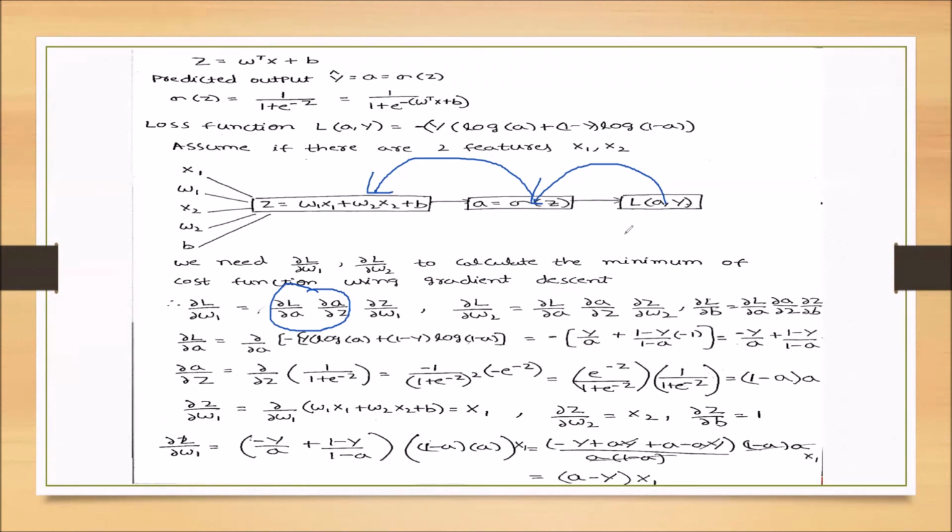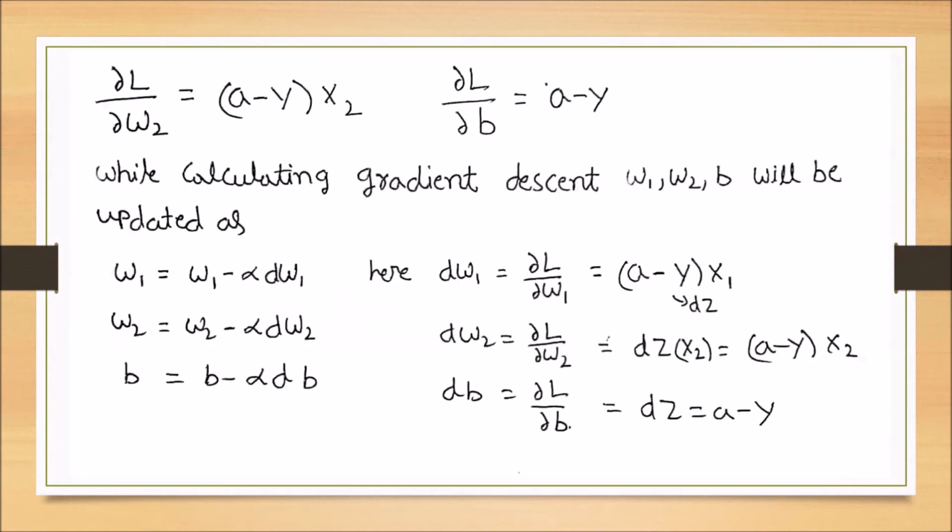For convenience, we can call this differentiation dz. So I am calling this product of dou L by dou A into dou A by dou Z as dz. So you can now observe here: dou L by dou W1, the final output is (A minus Y) into X1.